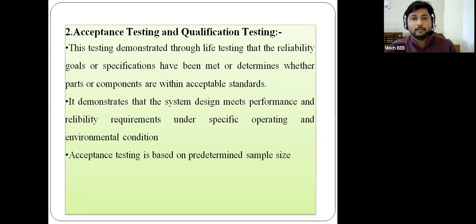Let us take any product manufactured on a CNC machine. Check whether the tolerances or dimensions are as per the requirement or standard. If it is as per the standard, then the product is accepted. So that is considered acceptance testing.